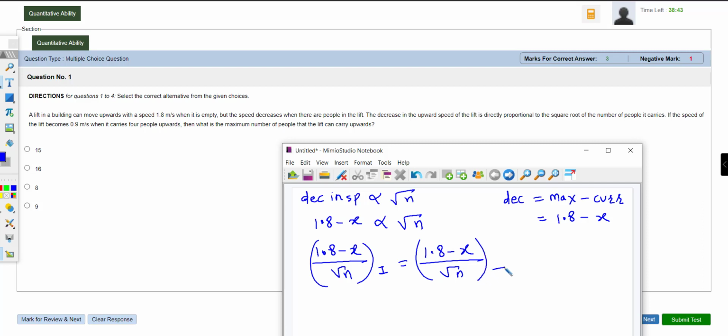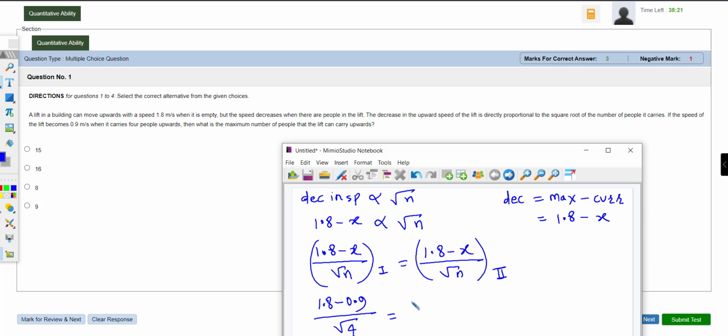Now let's put the values. In the first case the speed of the lift is 0.9, so (1.8 minus 0.9) divided by under root 4, since the number of people is 4, is equal to, in the second case we want the maximum number of people. The number of people will be maximum when the speed of the lift is 0.